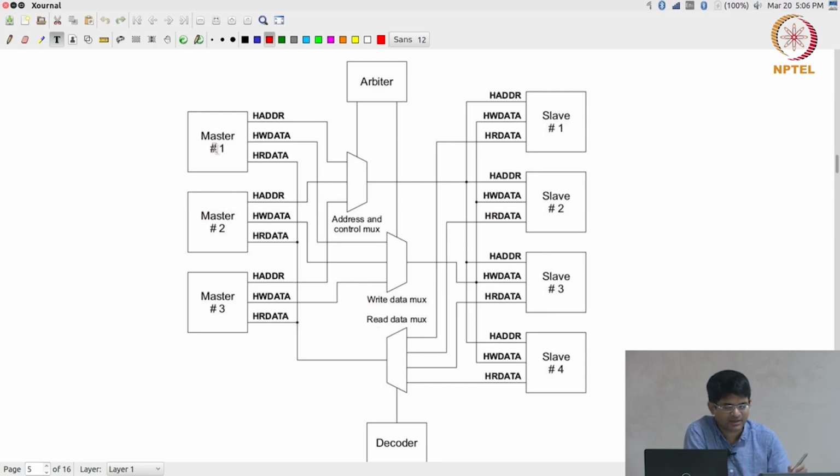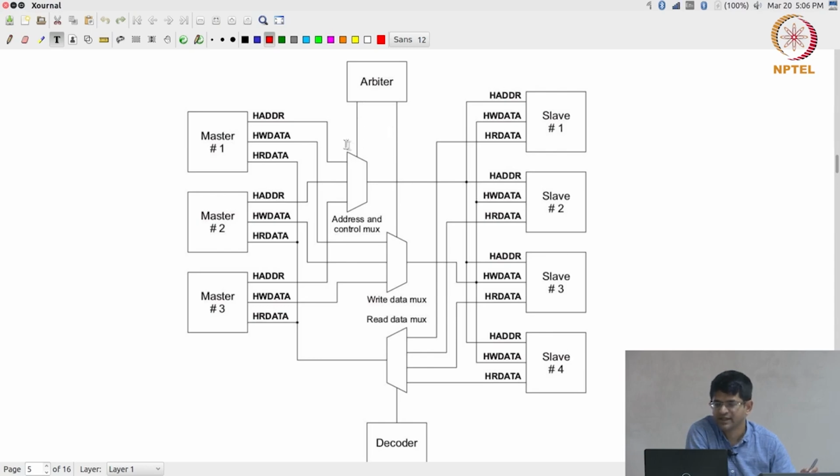Essentially, I could have multiple masters, master number 1, 2, 3 and slave 1, 2, 3, 4. It does not matter, I can increase or decrease any of these numbers as I want. The point is this middle portion, which corresponds to what I have broadly marked as the arbiter with some signals coming out of it.